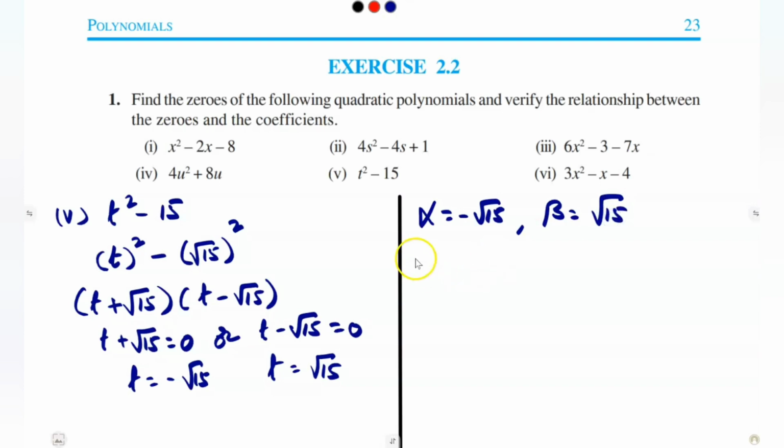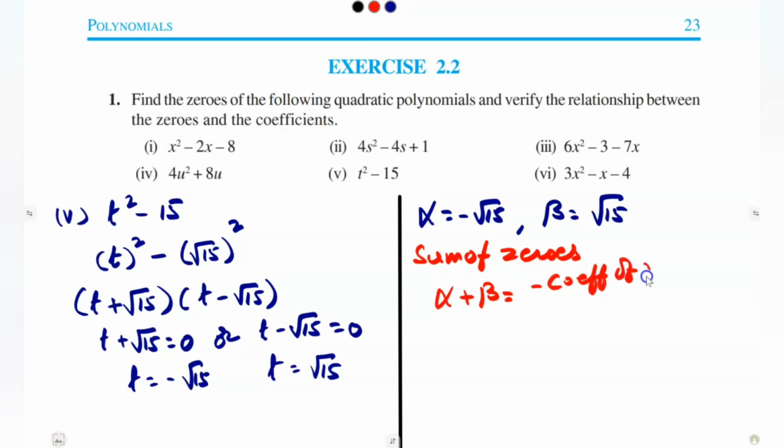Okay, now let us verify by using sum of zeros. Sum of zeros, alpha plus beta, is equal to minus coefficient of x by coefficient of x square. So here x means t here, okay.